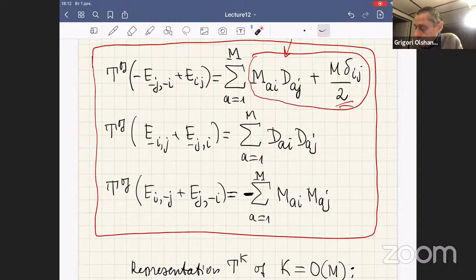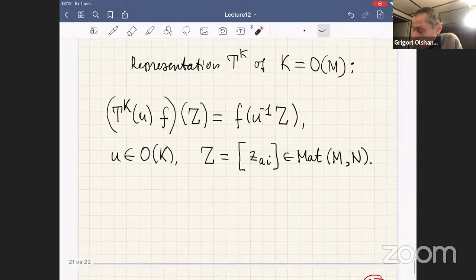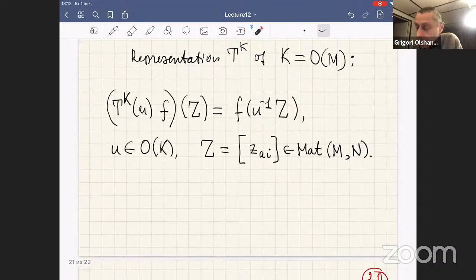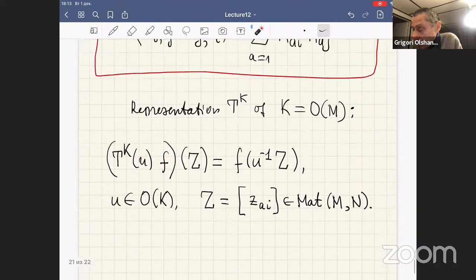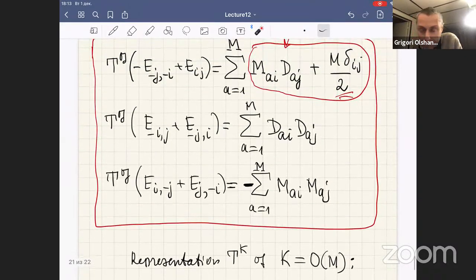If you fix I and J, we get two vectors: one is obtained from these quantities, viewed as vectors with A coordinates, and the other is some other vector, and this is just a kind of scalar product. And it is invariant under this action. So it's not a proof, but just an indication of a proof. So this is some explicit description.